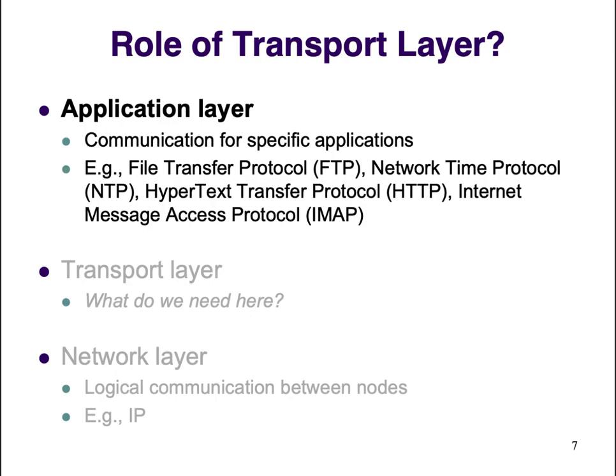There are many examples. We're going to study HTTP, but even just looking at the names, you see something like file transfer protocol, a protocol defined for file transfer. Or the network time protocol, an application layer protocol designed and defined for time synchronization. So they're pretty specific, designed for a particular application-specific need.